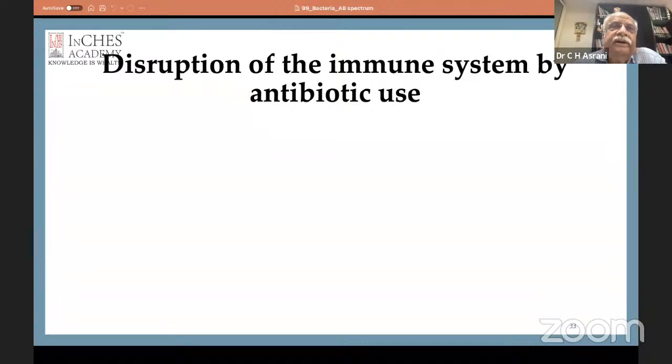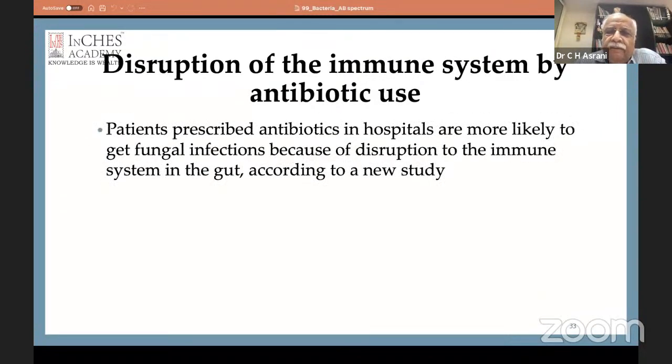Antibiotic use disrupts our immune system. Patients prescribed antibiotics in hospitals, because they're always given higher antibiotics, are more likely to get fungal infections because of disruption of the immune system in the gut.